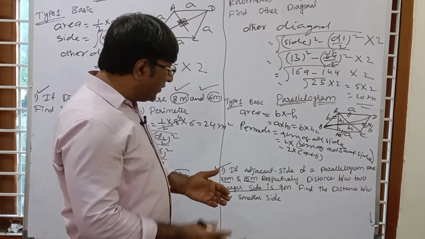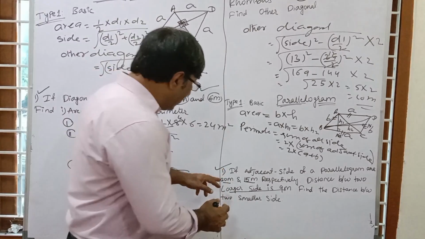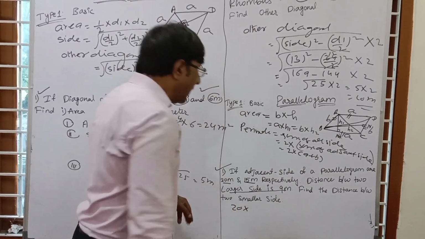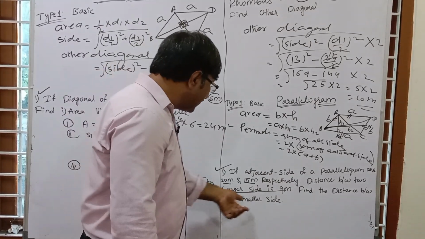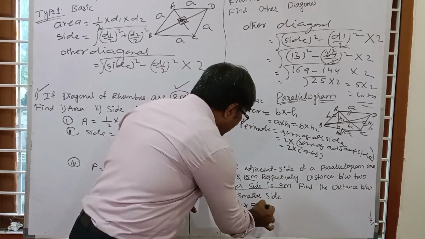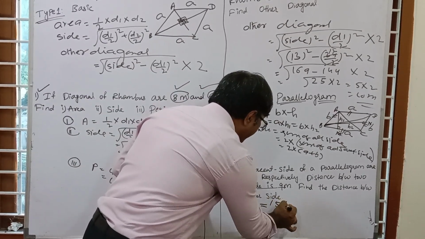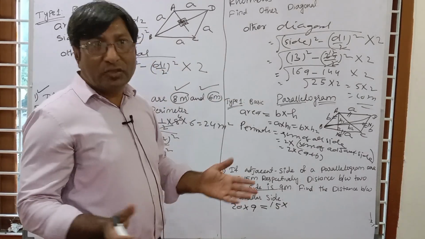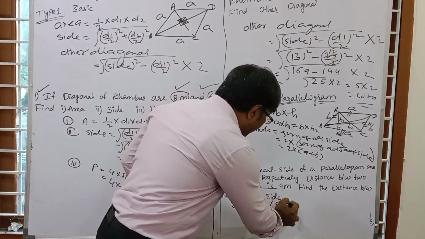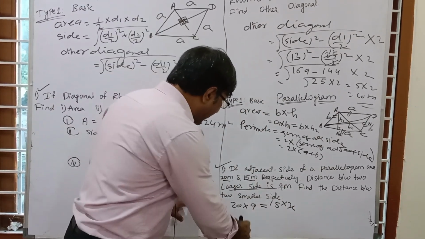So the area of the parallelogram is the same, that is A into H1 equal to B into H2. The larger side is given 20, and the perpendicular distance between the larger sides is also given 9 meter. So this is 20 into 9. This should be equal to the smaller side, that is 15, and the perpendicular distance between the smaller sides, which is not given. So suppose the perpendicular distance between the smaller sides is x.